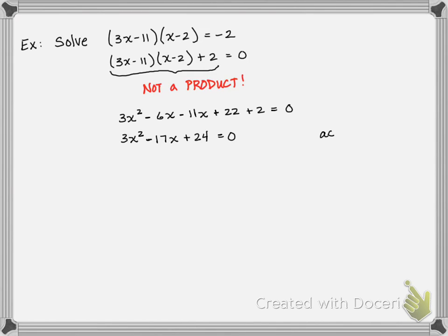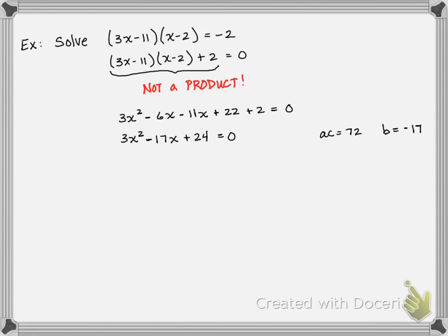So AC is 72. B is negative 17. This looks a little bit worse than it is. I think if you stare at it for a minute, you'll probably be able to come up with the numbers without making a huge list.